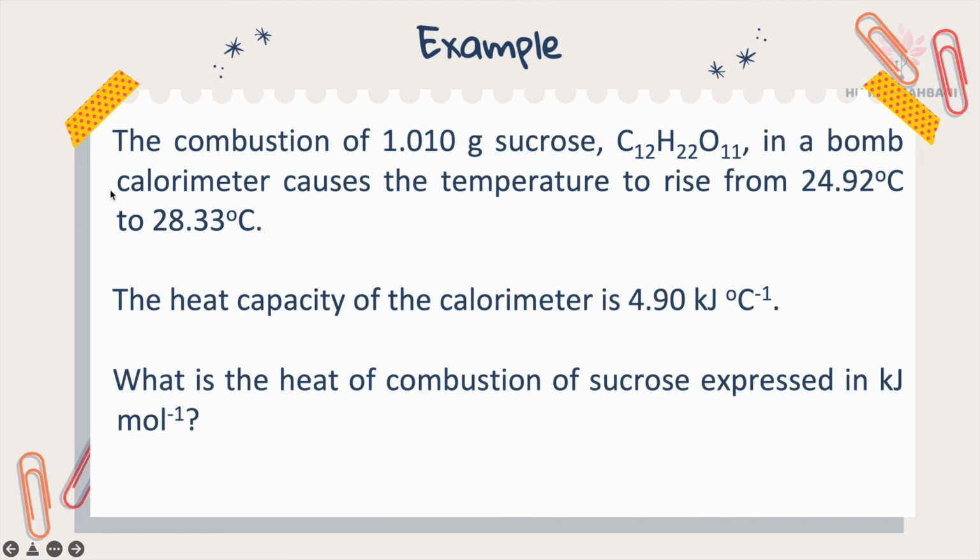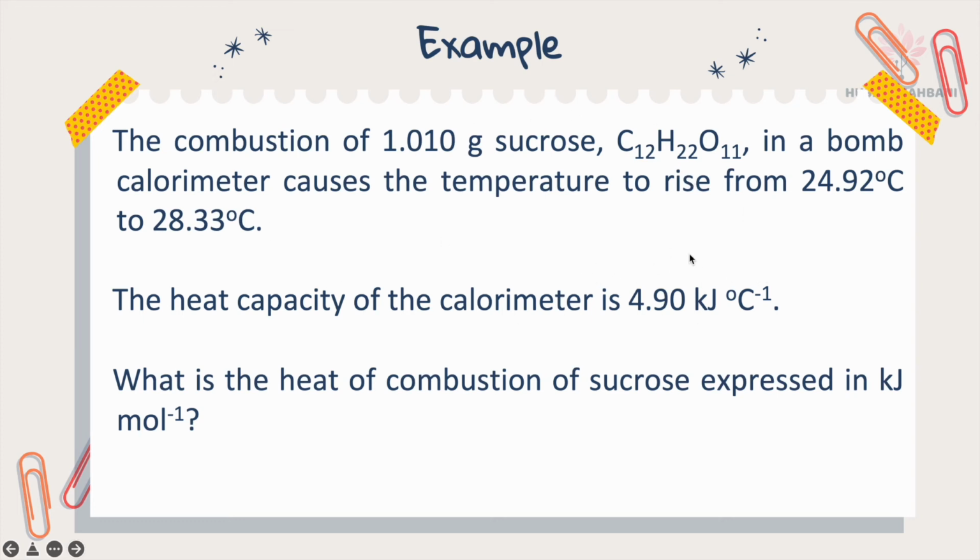Next example: combustion of 1.01 gram sucrose in a bomb calorimeter. Again, this is a combustion process. It causes the temperature to rise from 24.92 degrees Celsius to 28.33 degrees Celsius. The heat capacity of calorimeter is given. We need to calculate the heat of combustion. Here, if you notice, the mass of water is not given.